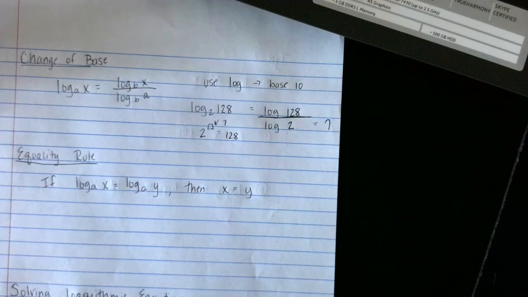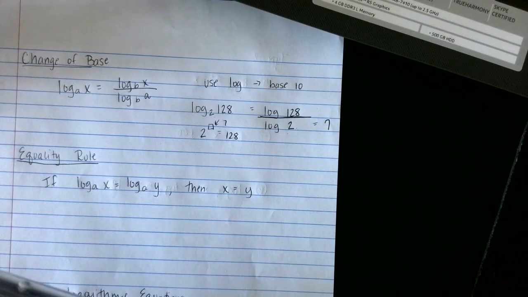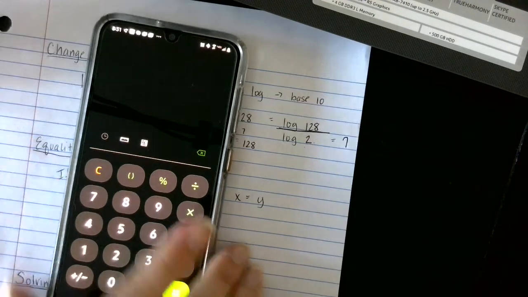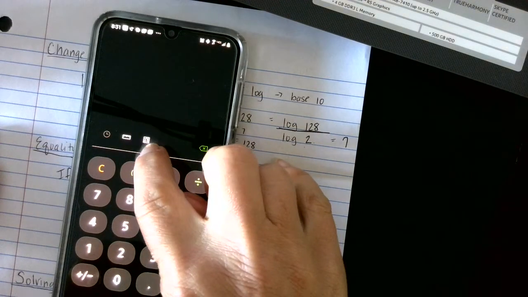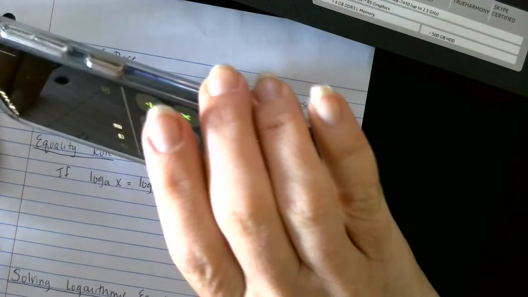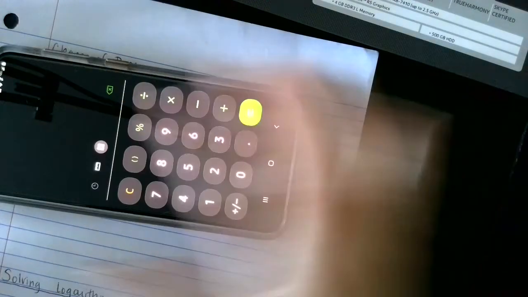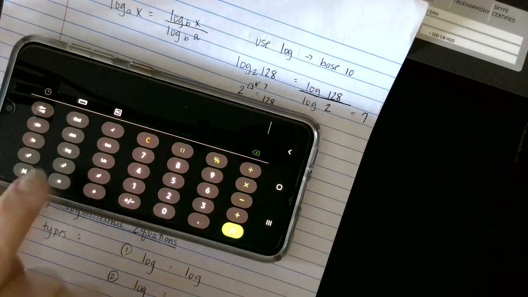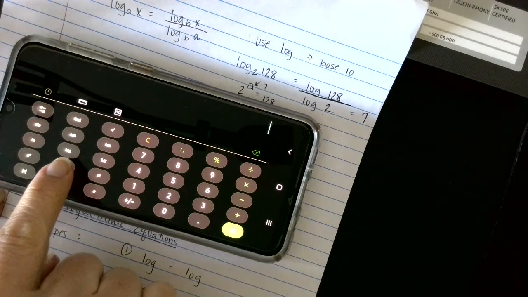So let me show you. I have an Android, and on my Android I've got a calculator, right? If I turn it, it might work if you just turn your phone sideways, but you have more options in dealing with your value, and you should have somewhere on there a logarithm button.